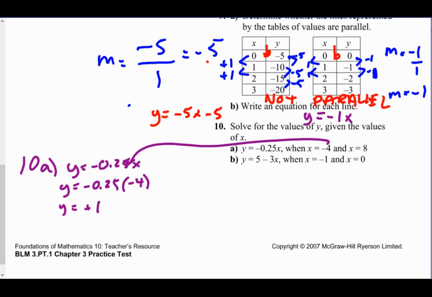Okay, so next we have y equals negative 0.25. We'll put the number right in there right away. And so y equals, so we have a negative, and a quarter of 8 is 2. So when x is negative 4 and when x is 8, those are our 2 points.